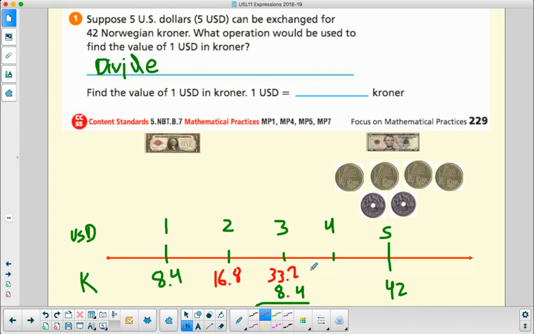Another 8 4/10 would be 40. And it doesn't sound right. 8 4/10. Another 8 4/10 would be 16 8/10. Another 8 4/10 would be, there was my mistake.